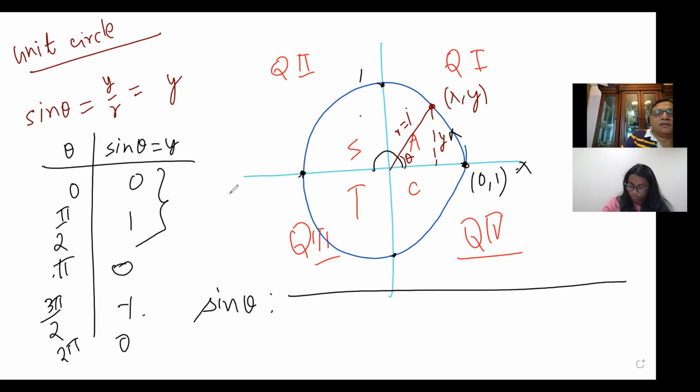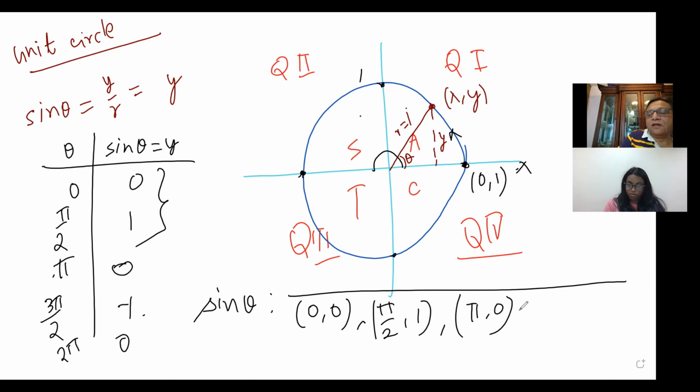Is that okay? The 5 key points, as I have just shown you, are (0, 0), (pi by 2, 1), (pi, 0), (3 pi by 2, minus 1), and (2 pi, 0). So these are your 5 critical points to always consider when you are sketching a sine wave.